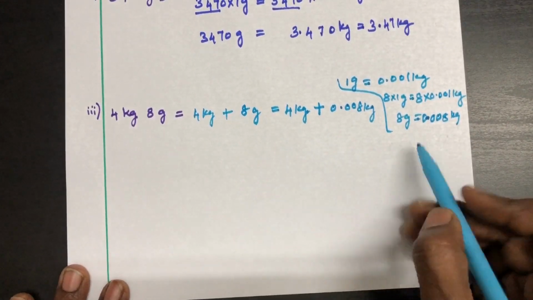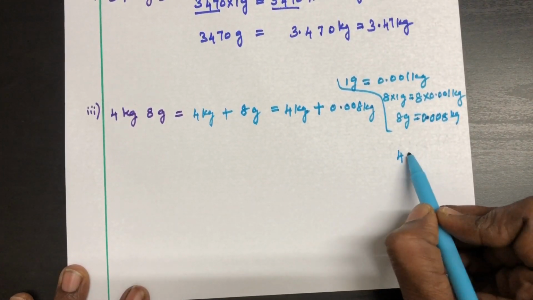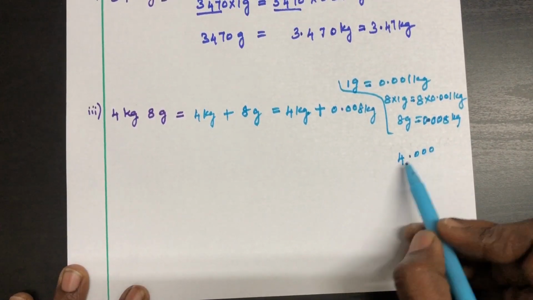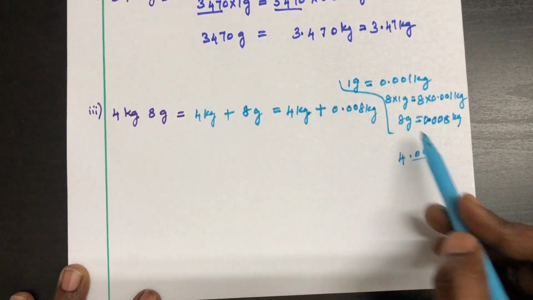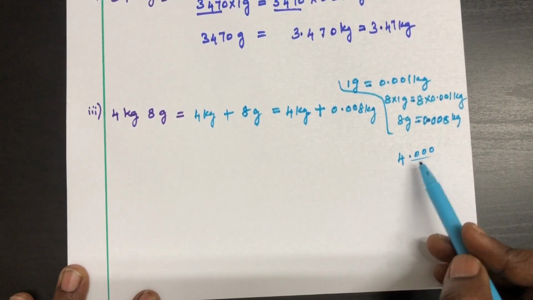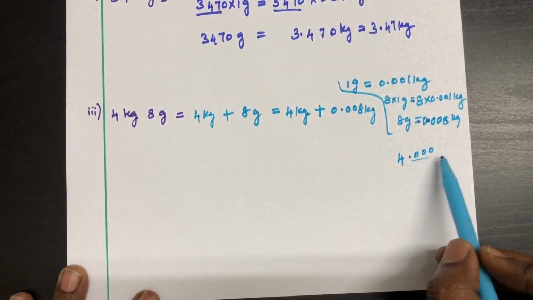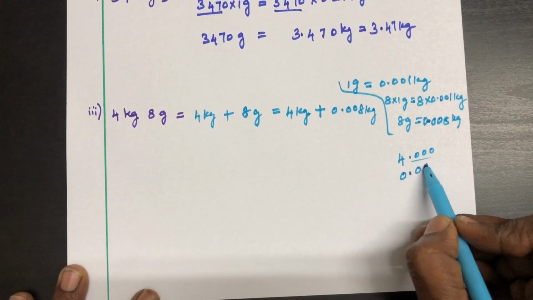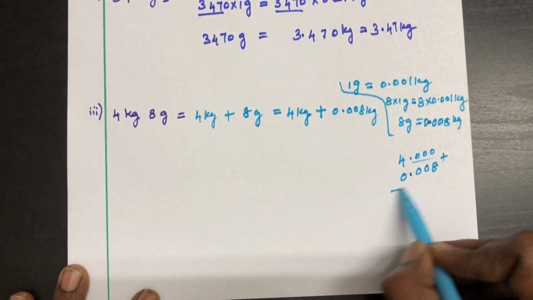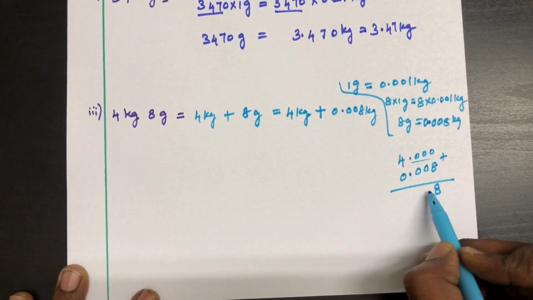If we add this to 4 kg, 4.000, because this is the whole number. No decimal places here. So for the decimal places, we just give zeros. Here 0.008. If we add these two, what we will get?